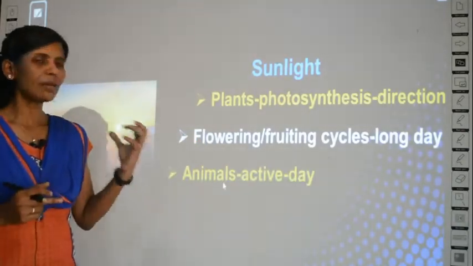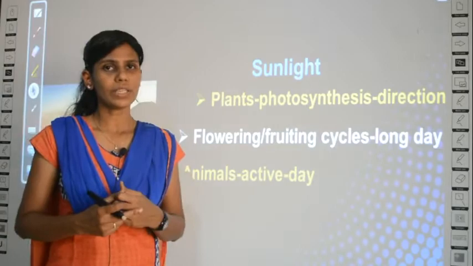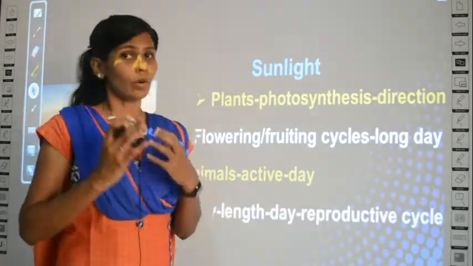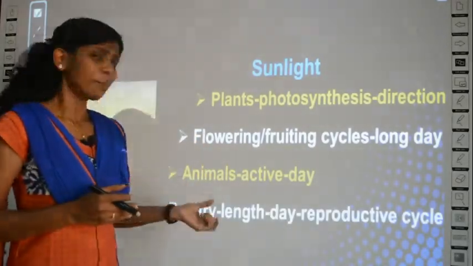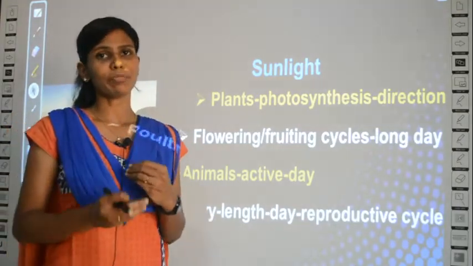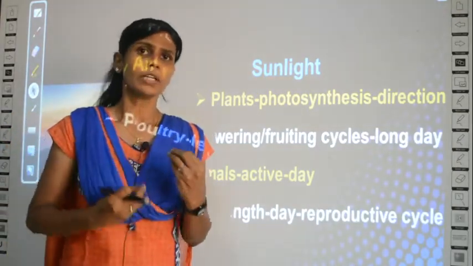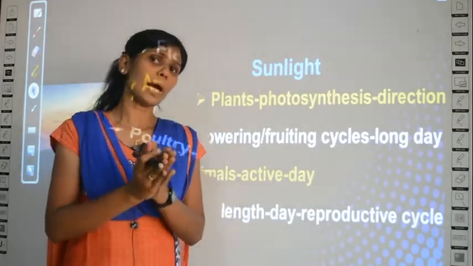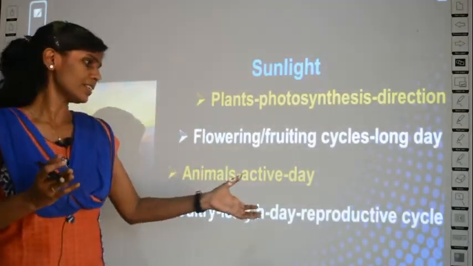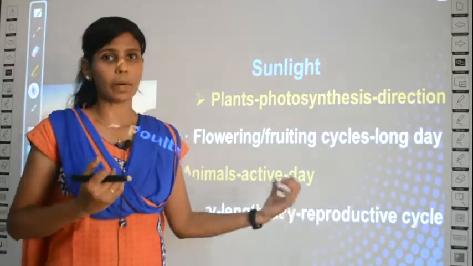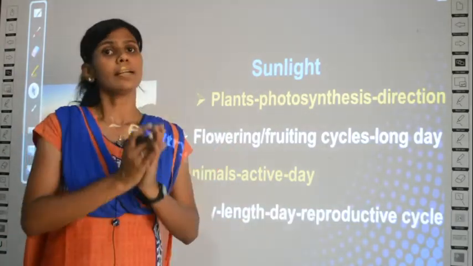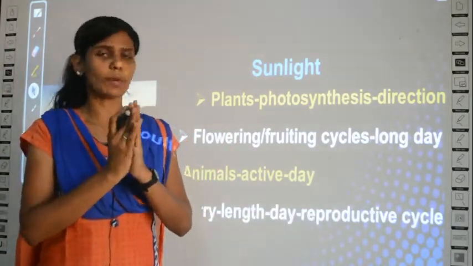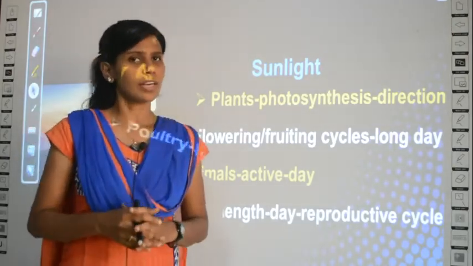And then animals are also active whenever there is a long day. And also there is one more point, poultry, that is the place where we grow hens, no? The production of eggs or chicken will depend upon the length of the day. The reproductive cycle of the poultry depends upon the length of the day. This is one more important factor for sunlight.